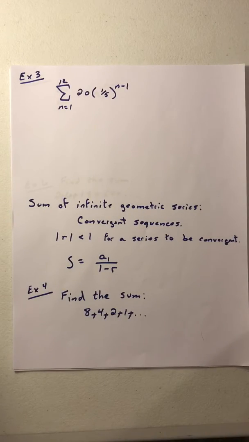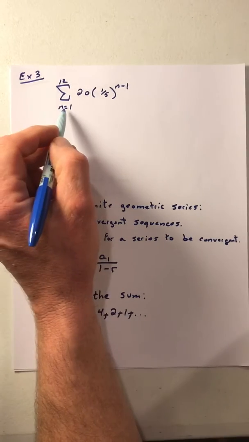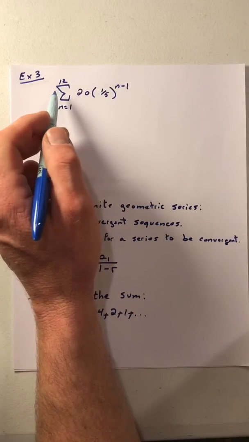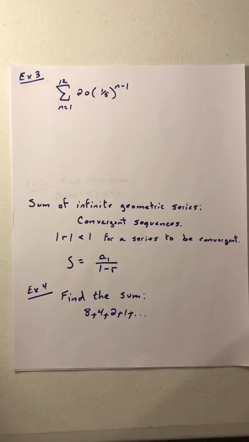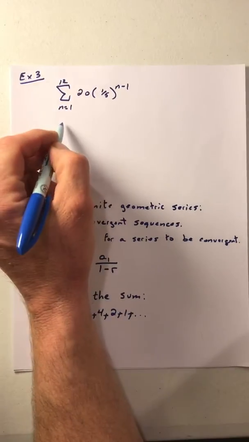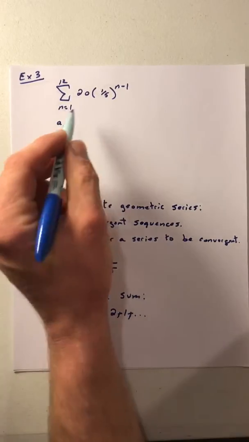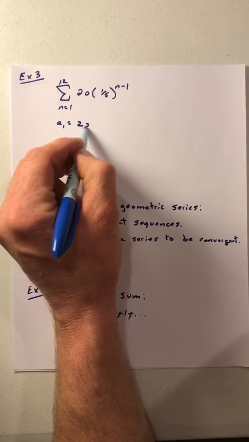Example 3, just another problem, very similar to what we've seen before. So we can go ahead and use that equation. We know the first term, plugging in 1, we get 20.